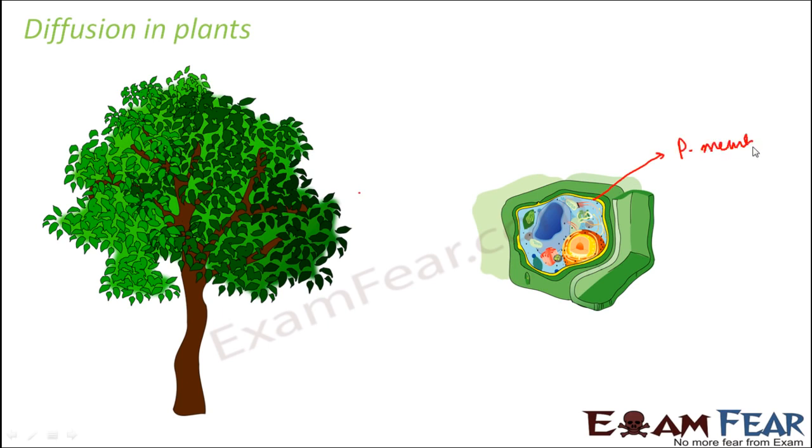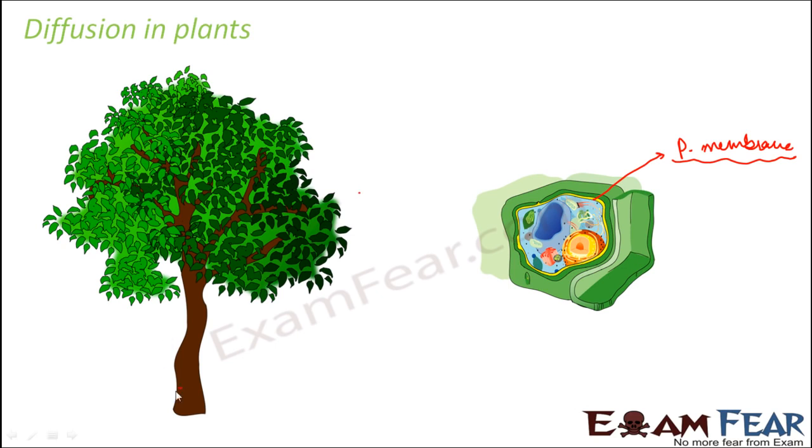We have spoken about the plasma membrane and its properties in one of our previous lessons. This plasma membrane is a selectively permeable membrane. That means it selectively allows some particles to pass through it and doesn't allow certain particles to pass through it. So the movement of particles across this plasma membrane occurs by the process of diffusion.